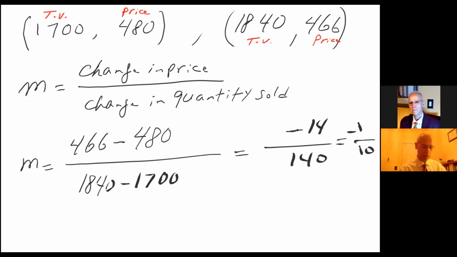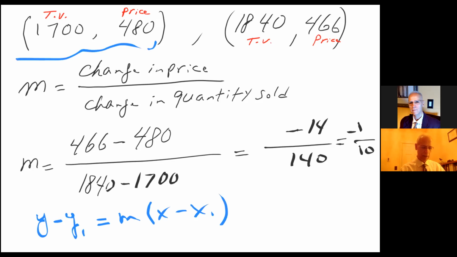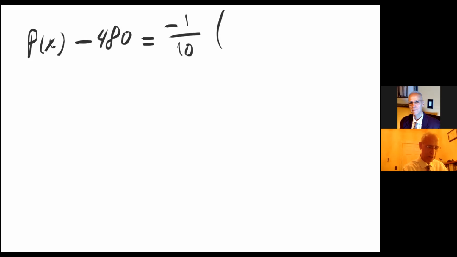Now, I can use y minus y1 equals m times x minus x1. Let's use just the first point. And remember that my y in here is p of x. Let me go to the next page and rewrite this as y, which is p of x, minus y1, in this case 480, equals the slope, which is negative 1 over 10, times x minus x1, or 1,700.